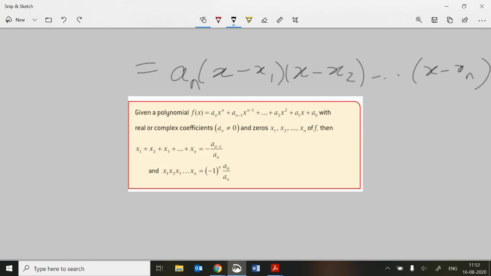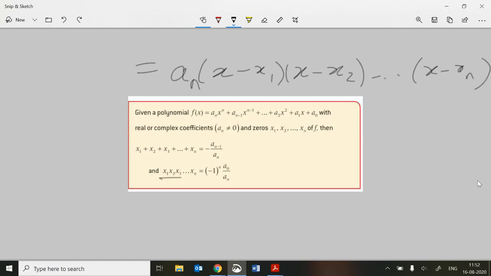and given that, we end up with the sum of all of our x values which give us the zeros, or the sum of the roots here, is going to give us our negative second term coefficient divided by first term coefficient.